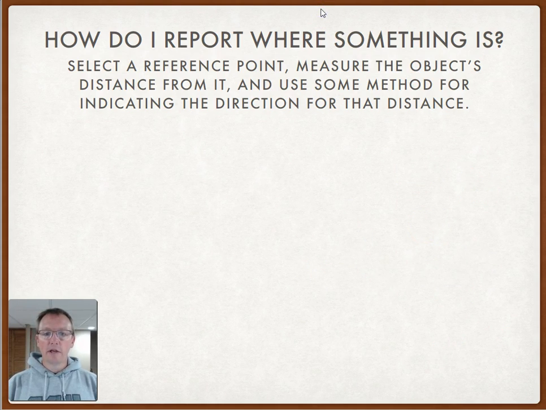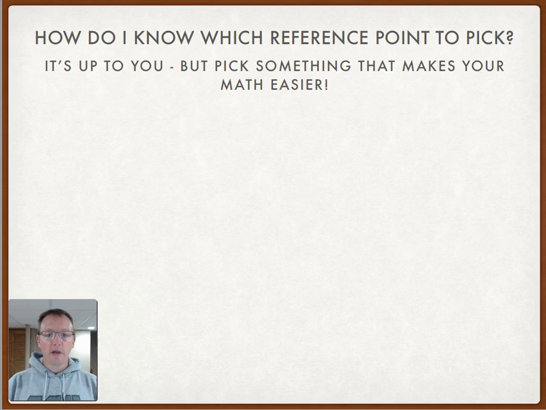You can see why you need to come up with some sort of reference point. Now, it's totally up to you what reference point you pick. Again, you definitely want to pick something that's obvious, something that you can reproduce, and something that's not going to move on its own.